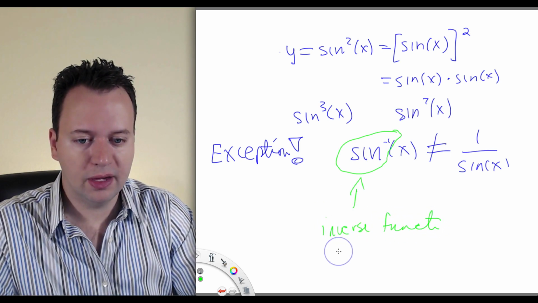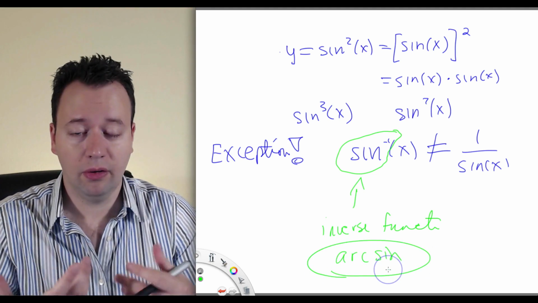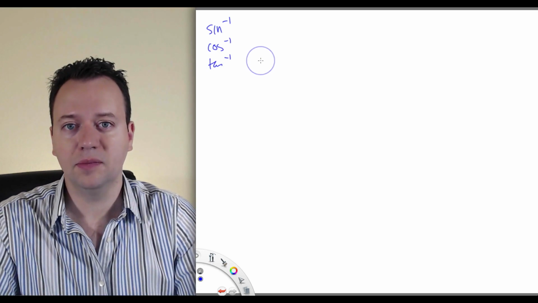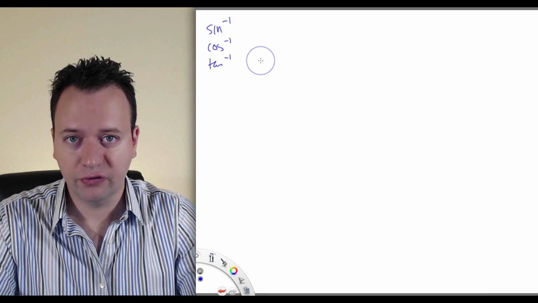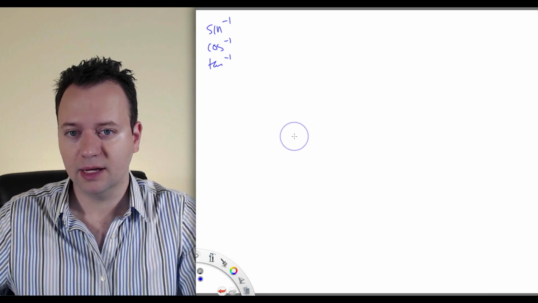So it refers to the arc sine and not the -1 power. That same thing holds for arc cosine and arc tangent. So sine to -1, cosine -1, and tangent -1 none of these mean sine of x to the -1st power. It means the inverse function. So those are 3 special exceptions to the rule.